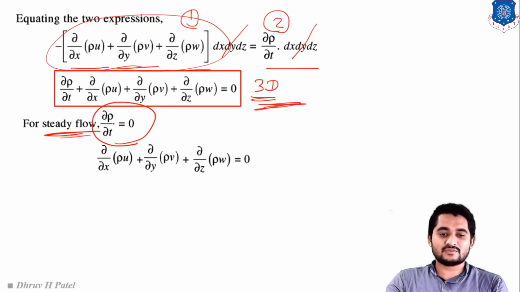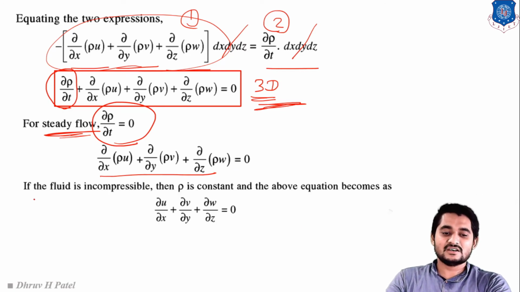So from our equation, del rho by del t is equal to 0. What remains is del rho u by dx plus del rho v by dy plus del rho w by dz. That is known as the steady flow continuity equation.